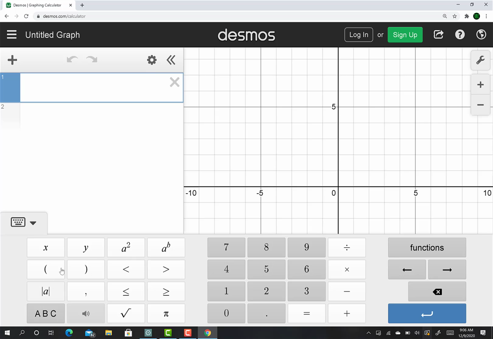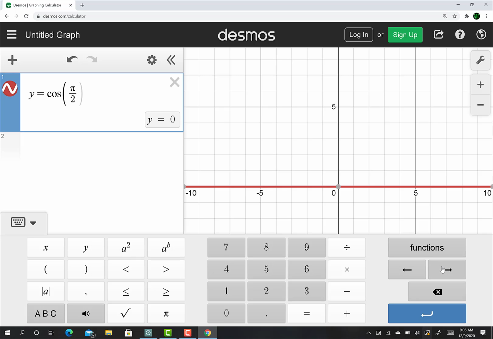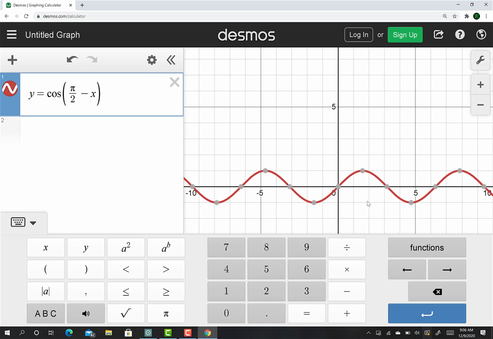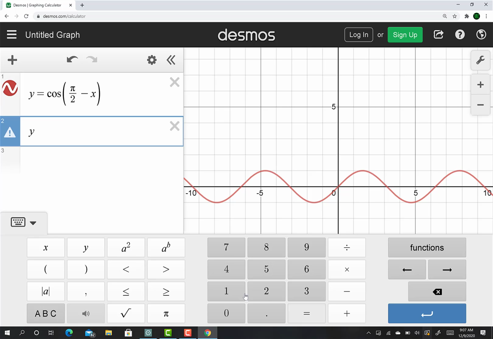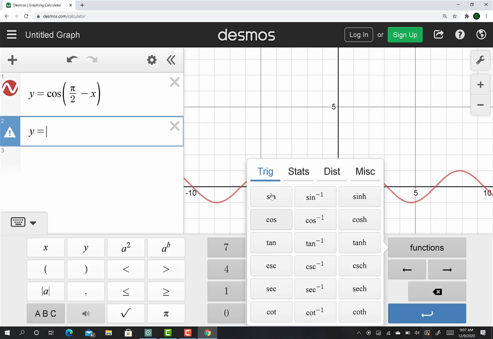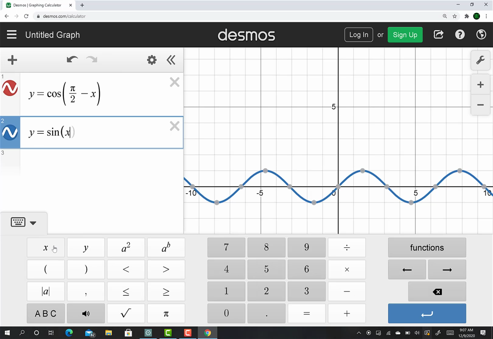I'm going to type in y equals cosine of pi over 2 minus x. And look, you can see that's exactly sine, guys. If I type in y equals sine, see, it's the same graph.